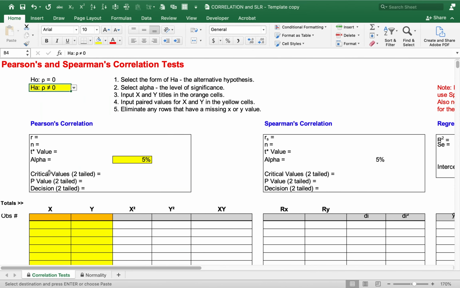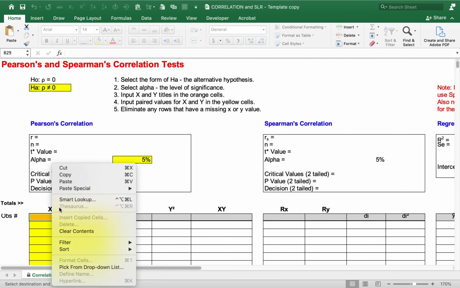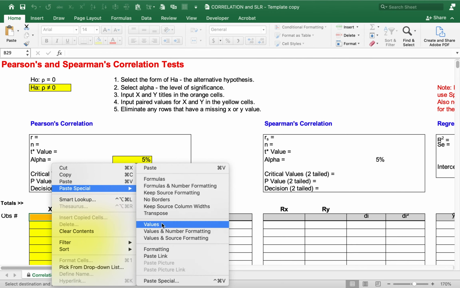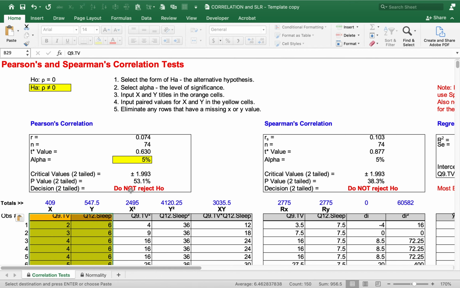Copy that, move over here. It doesn't matter which order we have them in because we're not looking at the regression output. We just do a paste special, values. And again, we don't worry about normality. We don't look at the Pearson's correlation. We don't look at the regression output. This is all we look at. It's important, of course, to determine what your alternative hypothesis is.